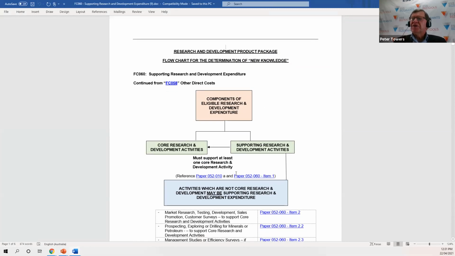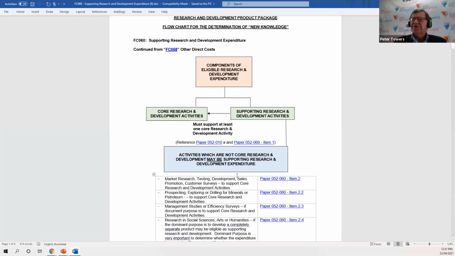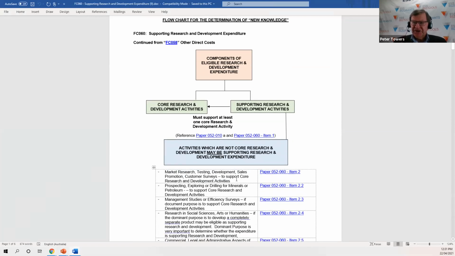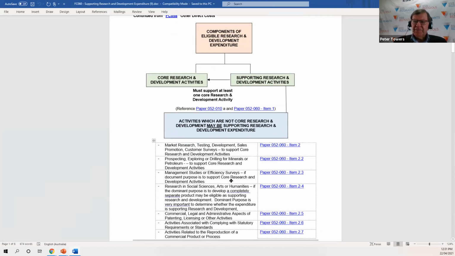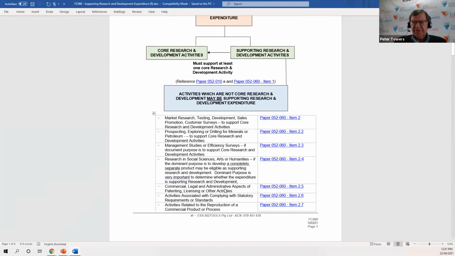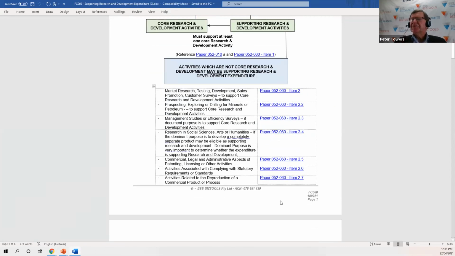Supporting research and development expenditure, I mentioned before, there's a full summary then of how that's collated. And there are some items which may or may not be in supporting research and development. So we've got separate notes on those in the papers that you can read. If you want to review a paper, we just go to the paper.